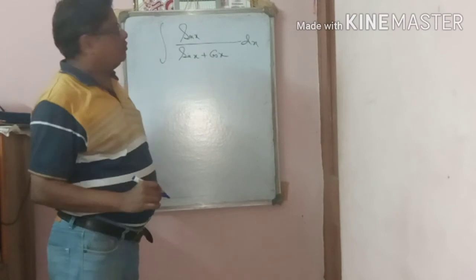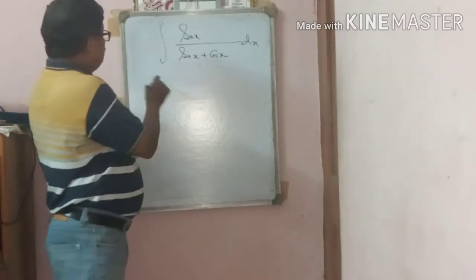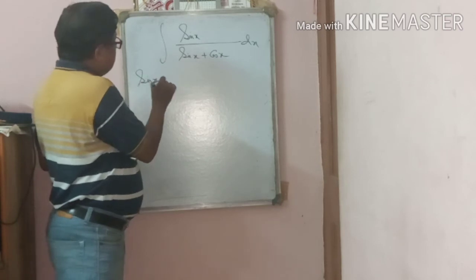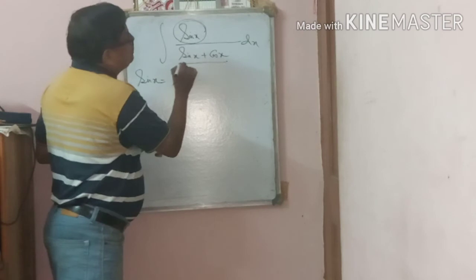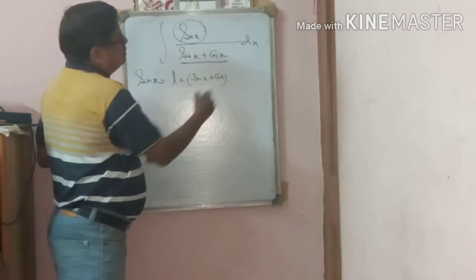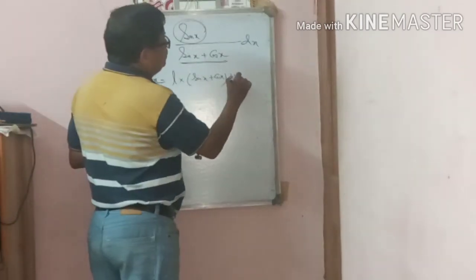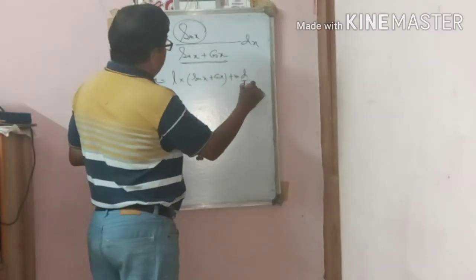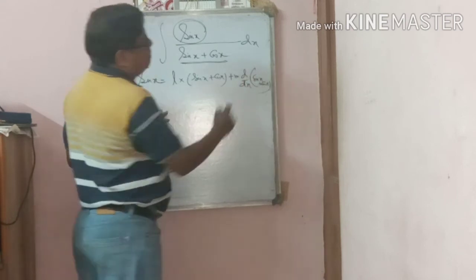The numerator is sin x, so write L into the denominator, sin x plus cos x, plus m into d/dx of sin x plus cos x.